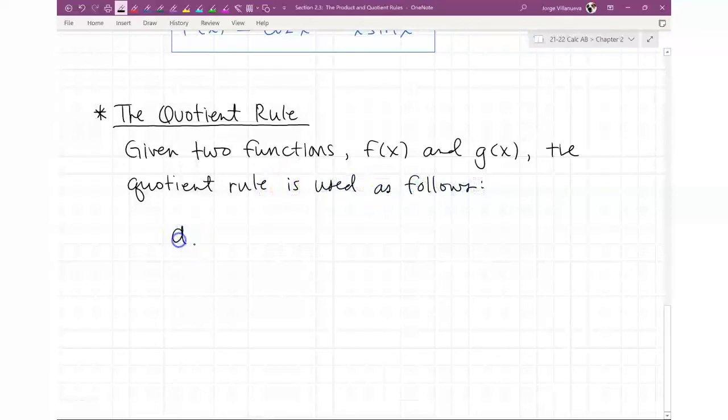So d dx of f of x divided by g of x. Right now, I'll write down the actual definition.